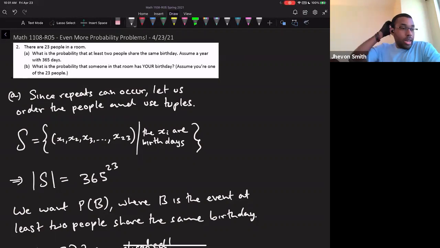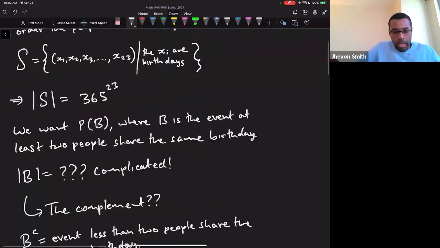So similarly by complement, what is the probability that all of the other 22 people don't share your birthday? Which means you have 22 people choosing from 364 days because they're not allowed to choose your birthday. Once you think of it that way, either one of the methods, you can just tweak the numbers and get the same answer.